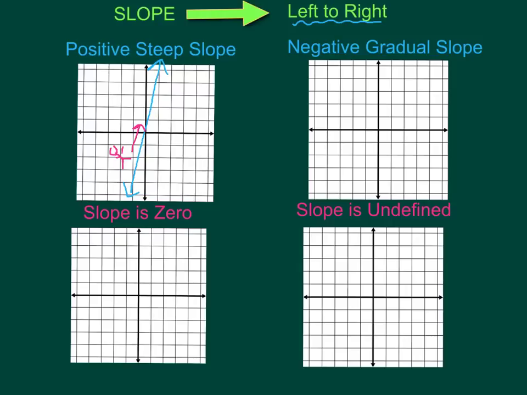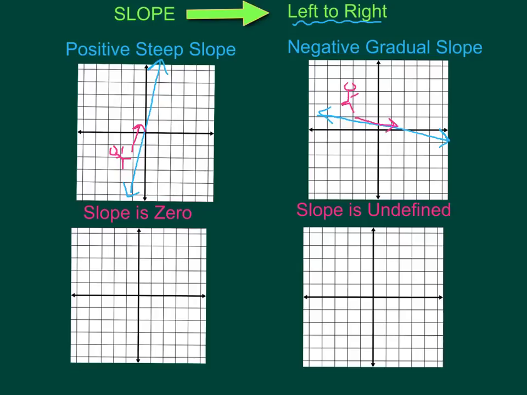Therefore, it is positive. So then a negative gradual slope, from left to right, instead of going uphill, we want to be going downhill, and then a gradual slope, something like this. So from left to right, my little stick figure is walking downhill.